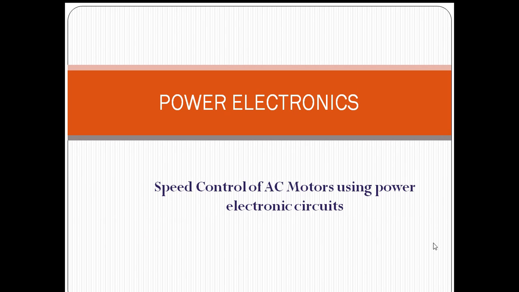Actually, in the last class, we discussed DC drives, DC motor speed control by using different techniques. By using DC motors, we can get speed control over a wide range, and it will have high starting torque. It is a simple and inexpensive method of speed control.